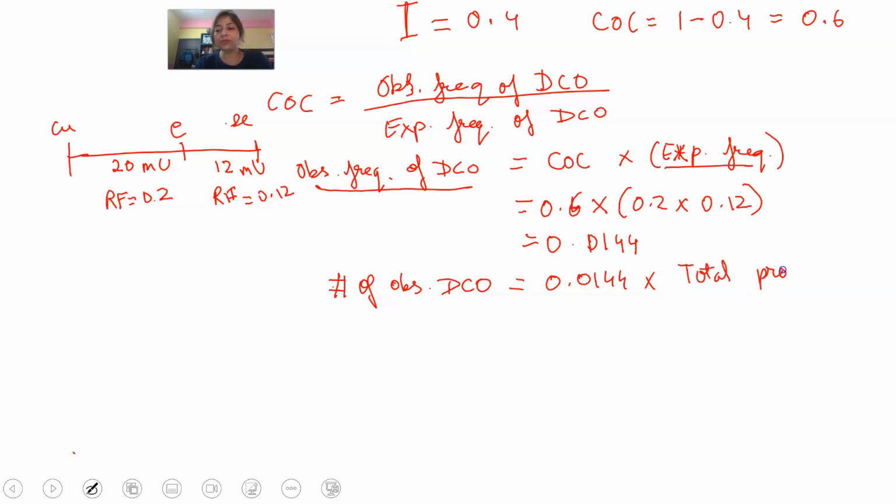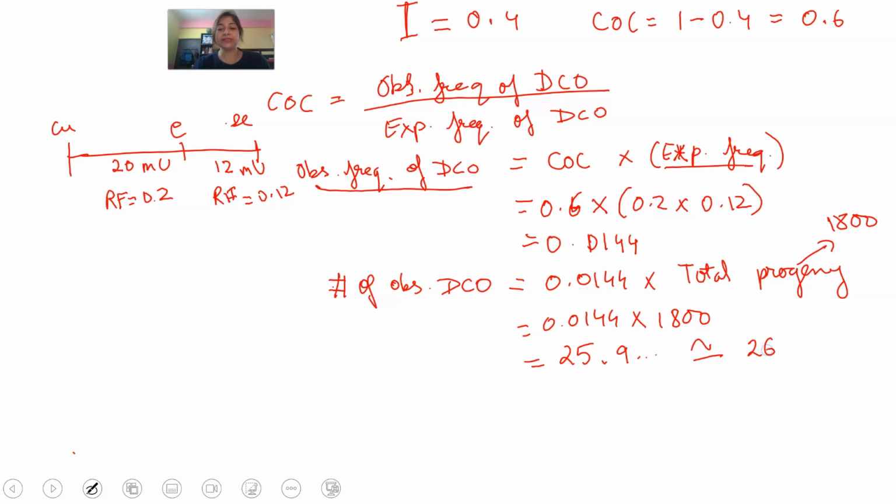How much was the total progeny? This number is given in the question as 1800. So we multiply this frequency with 1800 and that will give us the number of double crossovers. When you do that, it comes to 25.9 something, which we can approximately write as 26. Alright, so one part we have done. The number of observed double crossovers is 26.